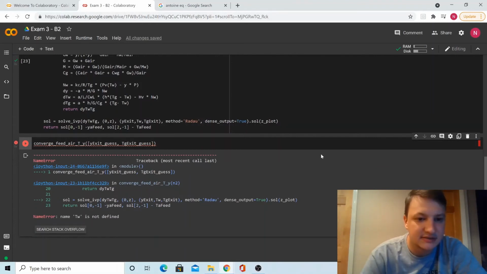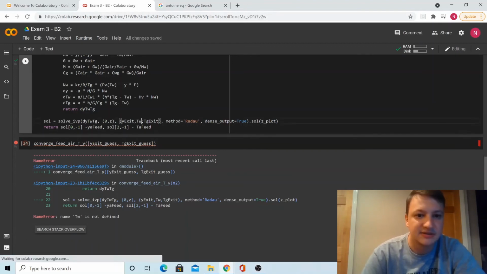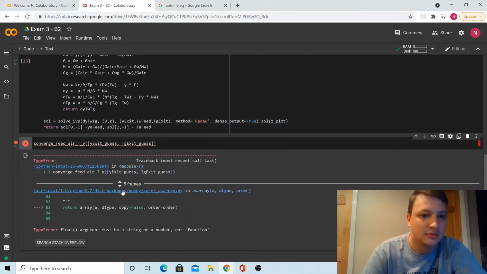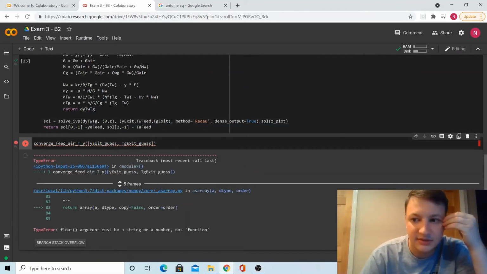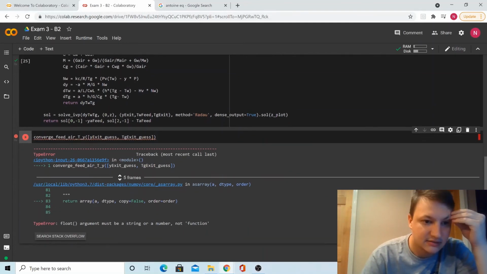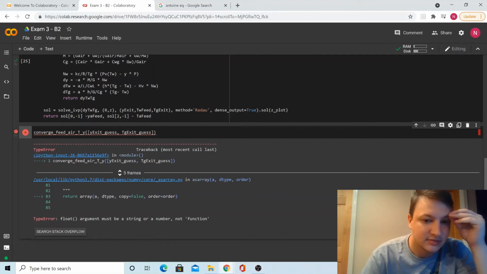TW. It's not just TW, it's TW feed. Float argument. Where is that? A number, not a function.